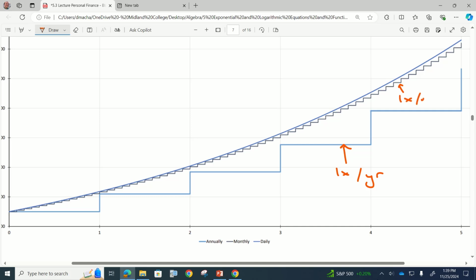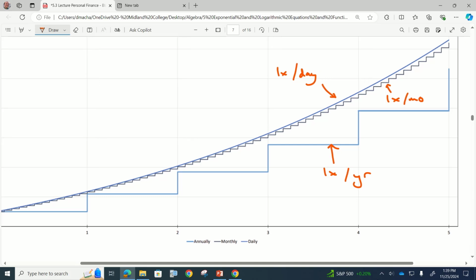And the last curve on top looks smooth, but it's not. This is actually what it looks like to compound 1 time per day. And so there's a big difference at the end of 5 years between annual and monthly. But there's only a very little difference at the end of 5 years between monthly and daily. So most everything is done by the month.